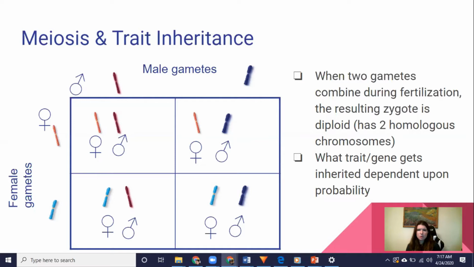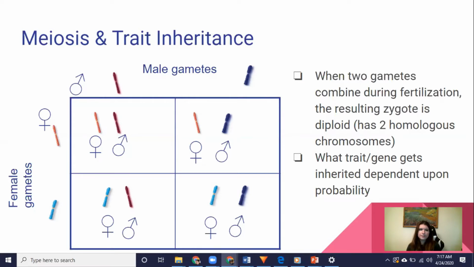Okay, so now that we have one chromosome coming from one gamete, and we saw on the previous slide how you end up with only one chromosome in each daughter cell, and a second chromosome coming from the other parent, we now have two homologous chromosomes in that zygote again. So that zygote is diploid.